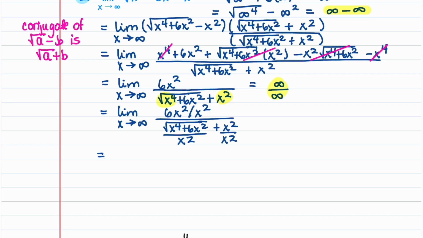Let's see what this is. On the top, our x squareds are going to cancel, and we're just going to have a 6. In the denominator, we're going to bring in the x squared as an x to the fourth. So this is x to the fourth plus 6x squared, all divided by x to the fourth, and then we have a plus 1.